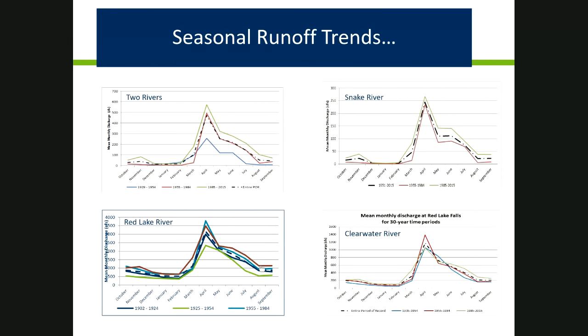The thing to notice on these graphs is that the black dashed line is the long-term average, and the highest line in the graphs, the green line, is the most recent time period. So we are generally seeing, particularly in the fall, higher flows compared to historic conditions.